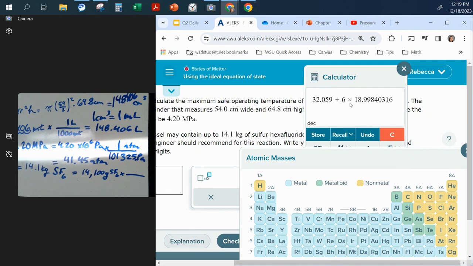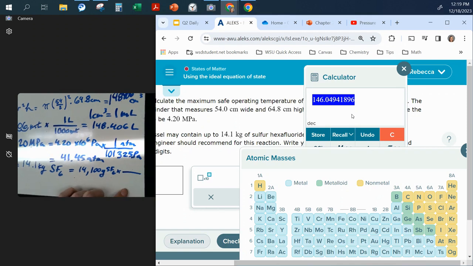Okay, so sulfur plus 6 times fluorine gives me the molar mass. So from grams to moles, I need to divide by that molar mass. So I'm just going to copy this, 14,100 divided by the molar mass. So this is how many moles.